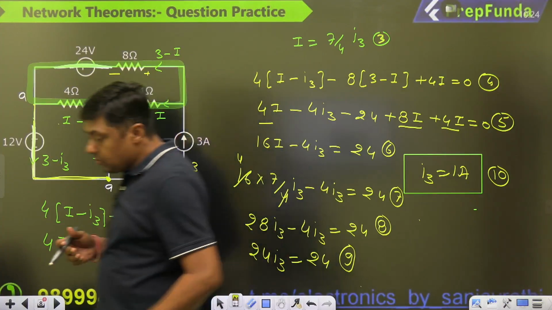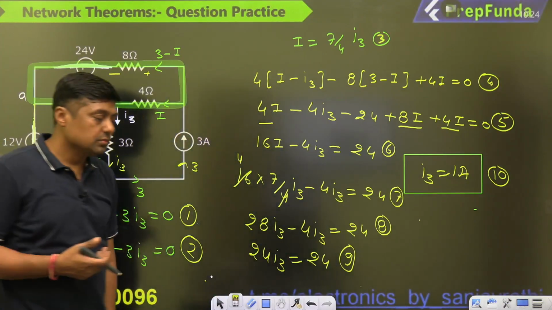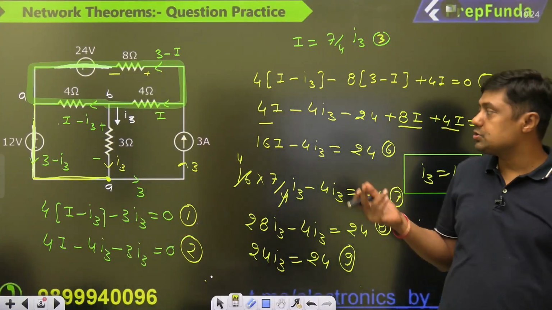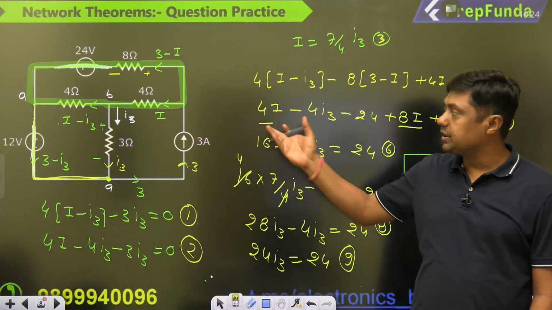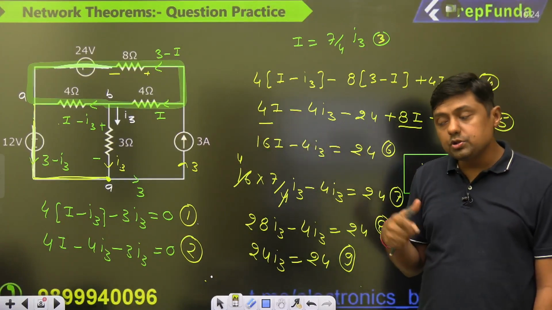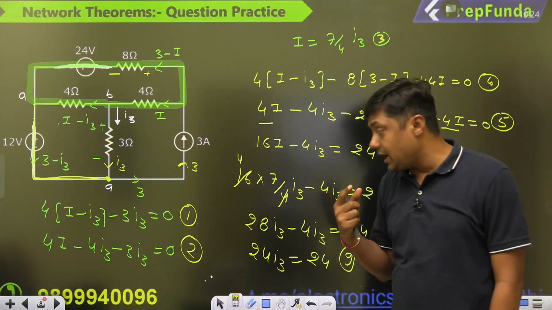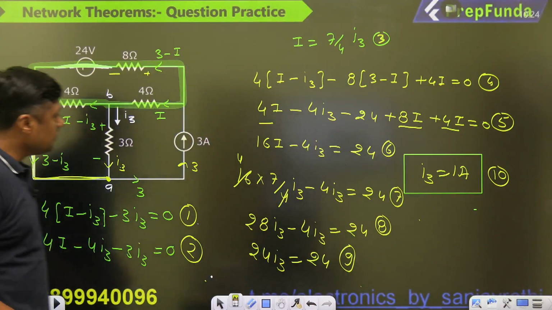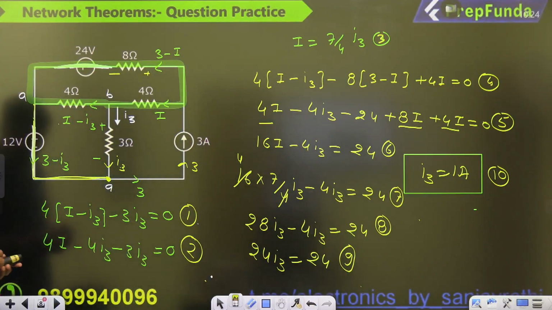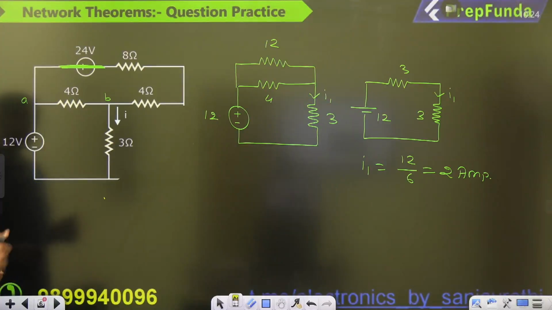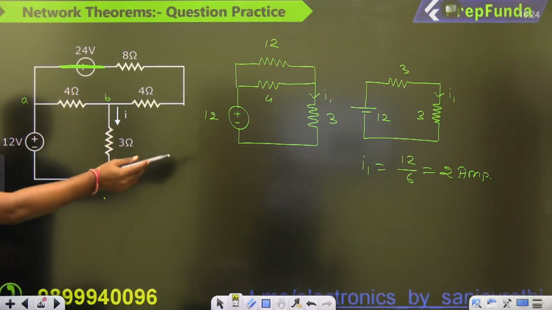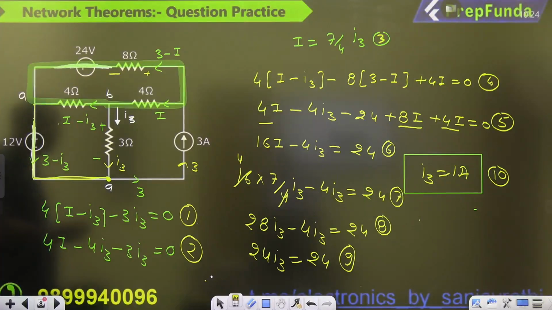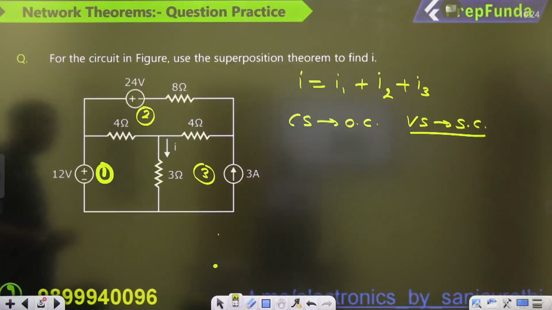Now what about the superposition theorem? Directly we can solve this question by using mesh analysis or nodal analysis, no need to apply the superposition. But superposition will make the question lengthy. 3 times we have done the calculation. First we made the voltage source 0, then the current source, and we found 2 ampere. Second we found minus 1 ampere. Then we found 1 ampere. So what is the total current?